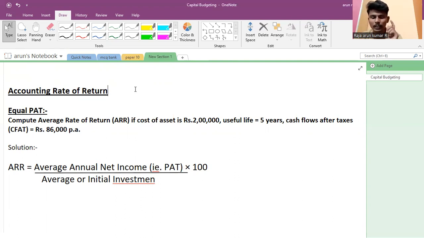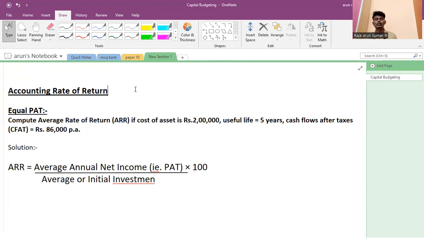We see profit after tax in the statement of income: sales minus variable cost gives contribution; contribution minus fixed cost gives profit, which is EBIT; EBIT minus interest is EBT; EBT minus tax is known as EAT or PAT. We take the average of that profit after tax and divide it by the average or initial investment, into 100.